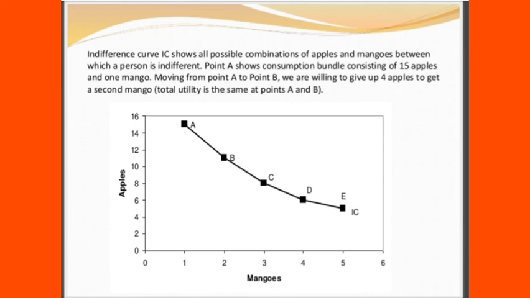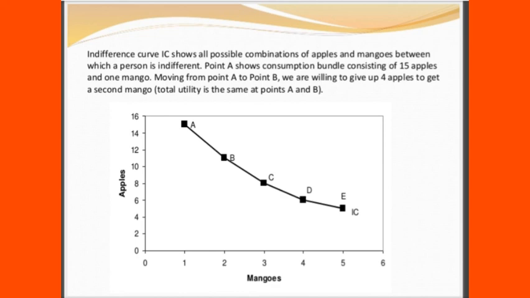And point B also gives the consumer the same level of satisfaction. And point C, we can see, is 8 units of apples and 3 units of mangoes. This point also gives the consumer the same level of satisfaction.